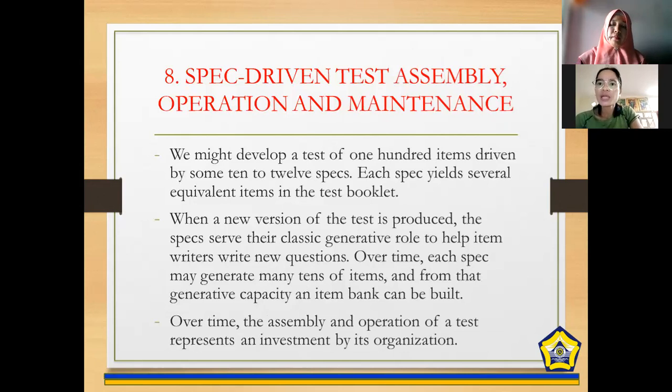Okay, space-driven test assembly, operation, and maintenance. We might develop a test of 100 items driven by some 10 to 12 specs, each with several equivalent items in the test booklet. When a new version of the test is produced, the space serves as the classic generative rule for item writers to write new questions.